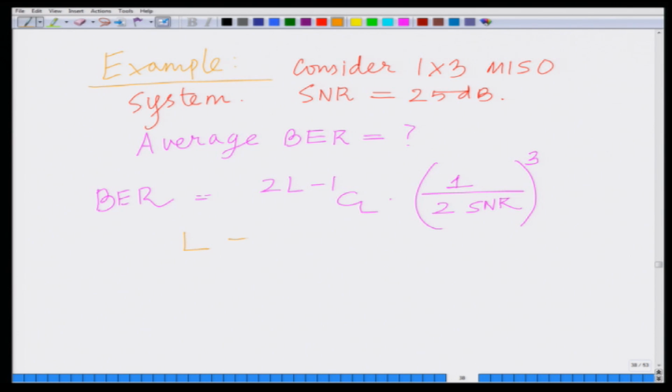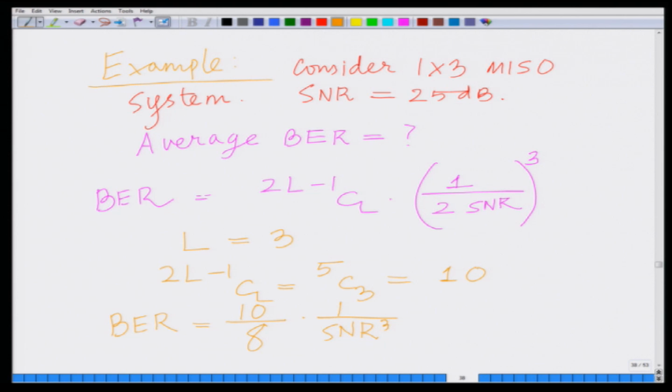Now, L is equal to 3, 2L minus 1 choose L equals 5 choose 3, which is equal to 10. So, the bit error rate is basically equal to 10 divided by 8, 1 over SNR raised to the power of 3.